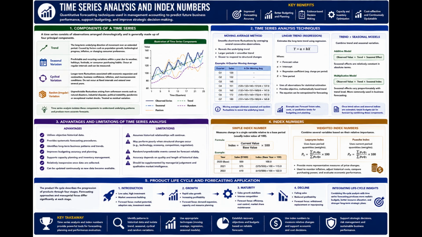The variable cost per unit is calculated by dividing the difference in total cost by the difference in activity levels. The fixed cost is then determined by subtracting total variable cost from total cost at either the high or low activity level. The resulting cost equation can subsequently be used to estimate costs at alternative production levels.